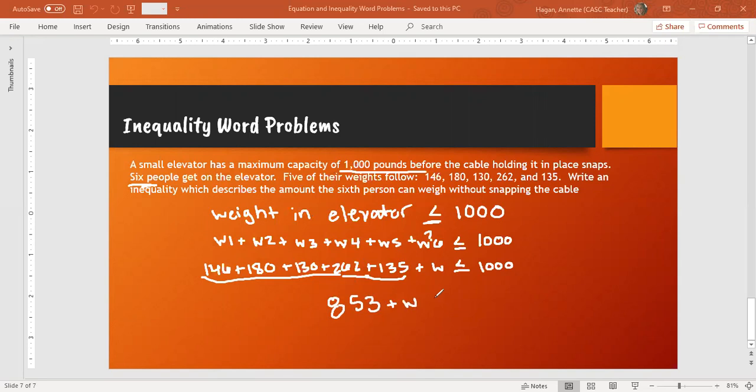So 853 pounds plus this last person's weight has to be less than or equal to 1,000. So to find out what that last person can weigh, I'm going to subtract 853 from both sides. So I get 1,000 minus 853, and I get that the weight of our last person has to be less than or equal to 147 pounds.